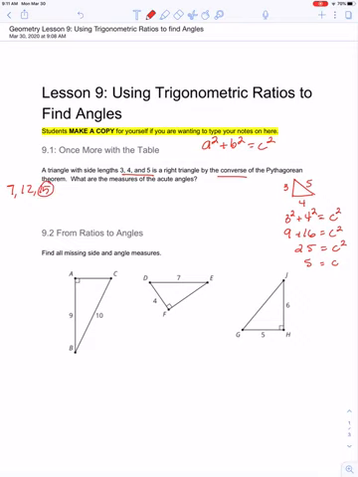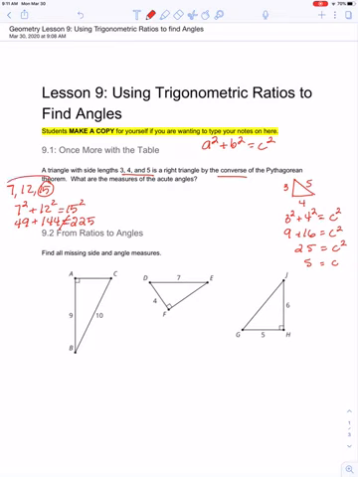So we know the longest side is always c. So we would write this out. 7 squared is 49. 12 squared is 144. 15 squared is 225. Well, 49 plus 144 is 193. So this does not equal each other.